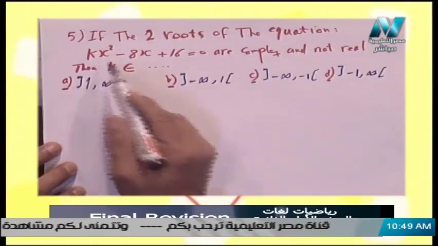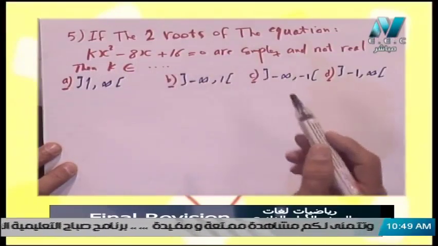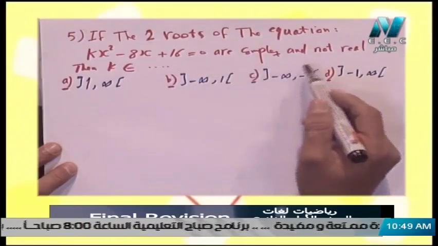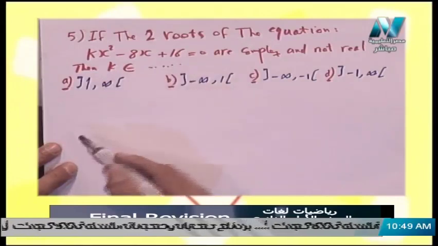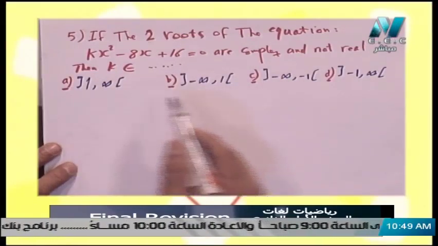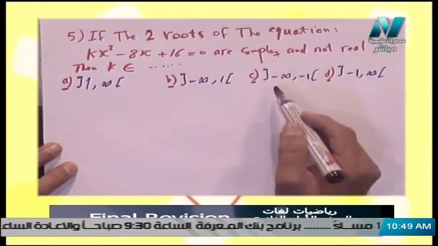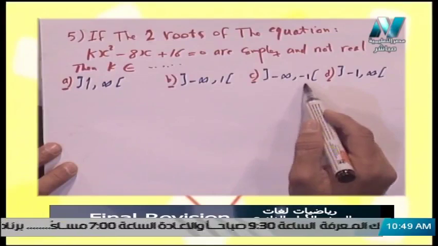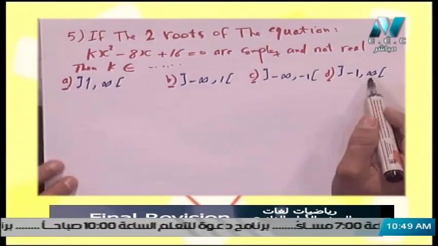So we have: if the two roots of the equation kx power 2 minus 8x plus 16 equals 0 are complex and not real, then k belongs to what? Is it (1, infinity), the interval (negative infinity, 1), or (negative 1, infinity), (negative infinity, negative 1), or (negative 1, infinity)?